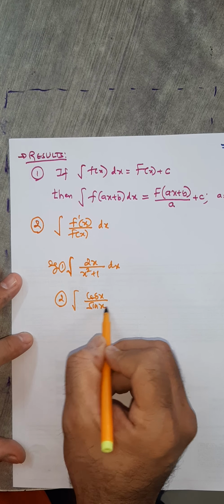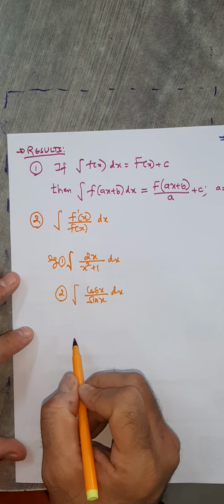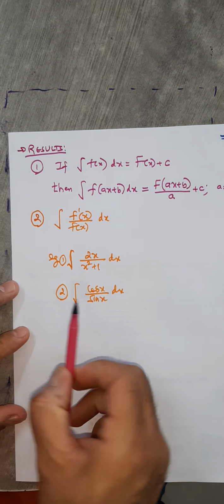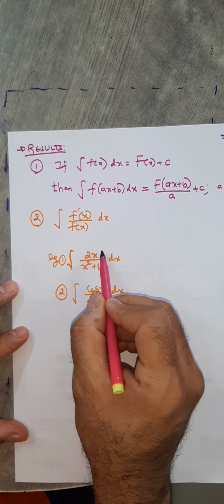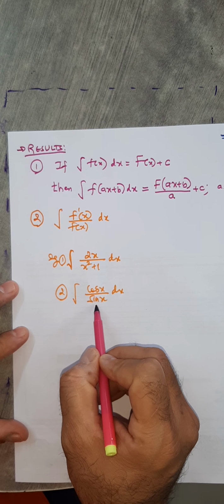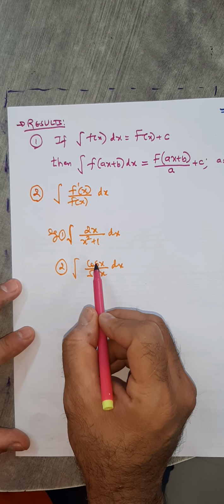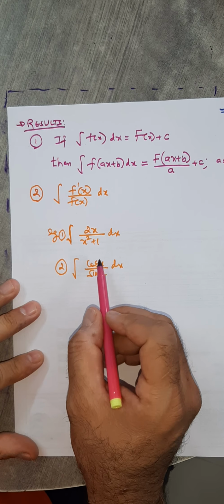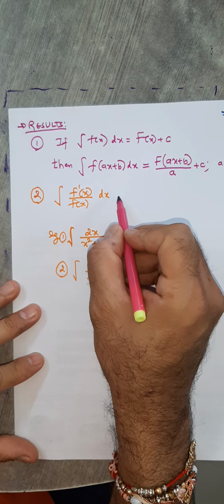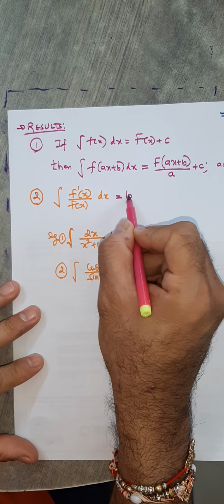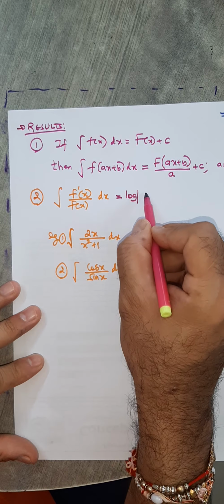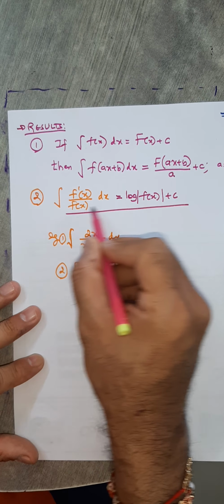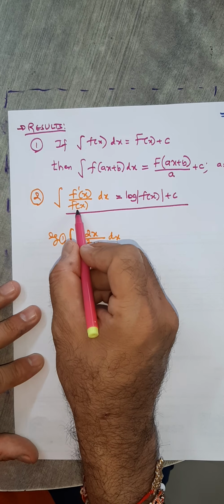Cot function, if you remember. If you see, these two functions are of this form. Which form? f dash upon f. What's the derivative of sine? You know, cos, remember. Derivative I'm talking about. For such functions, the integral can be proved by substitution: log of mod of the denominator function. I repeat, log of mod of the denominator function.